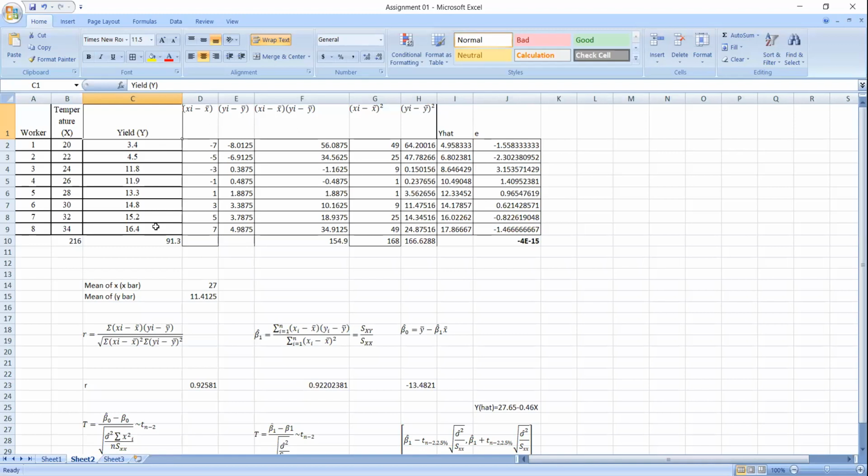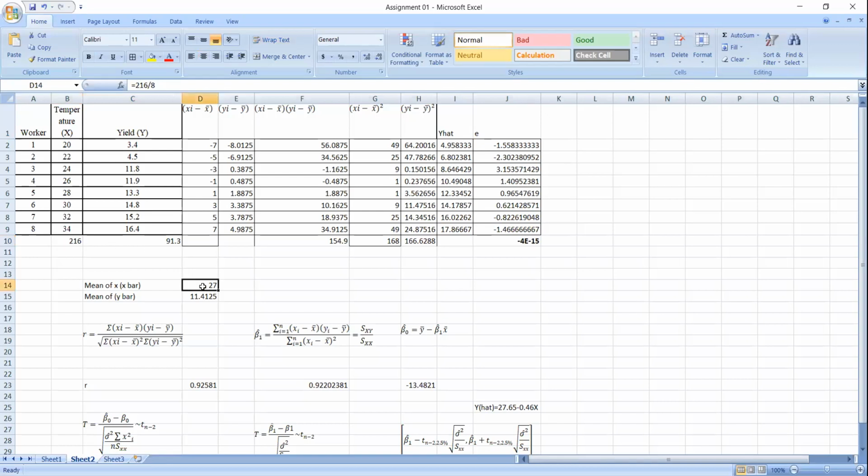So what is the first thing? The first thing is we have to find the fitted regression model. That is, we have to find beta naught and beta 1. To calculate them, first we have to calculate x bar and y bar. Here I have taken the summation of all these x values, that is 216.